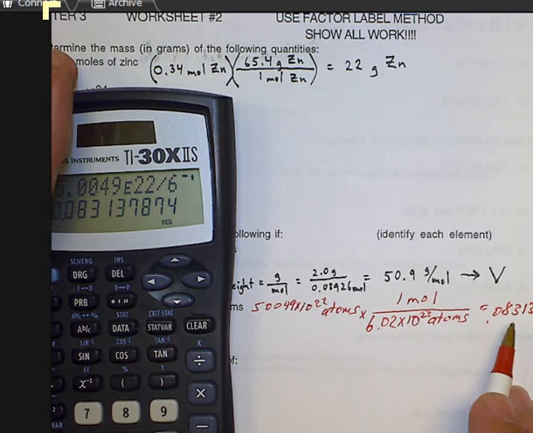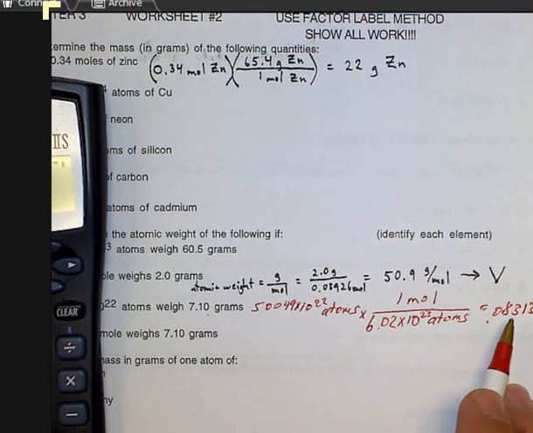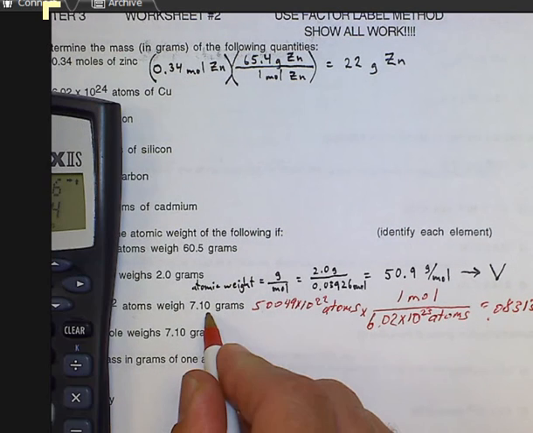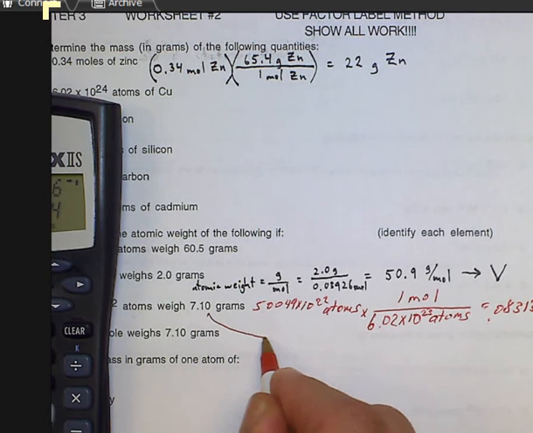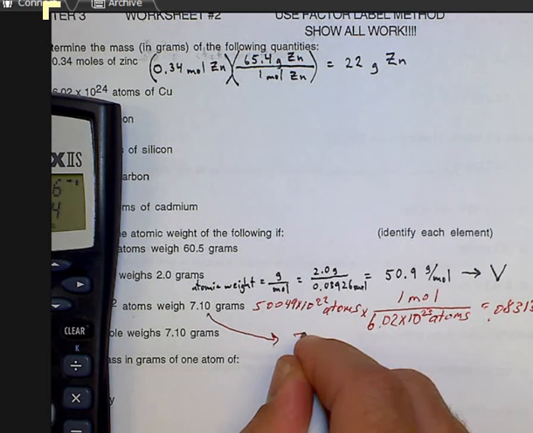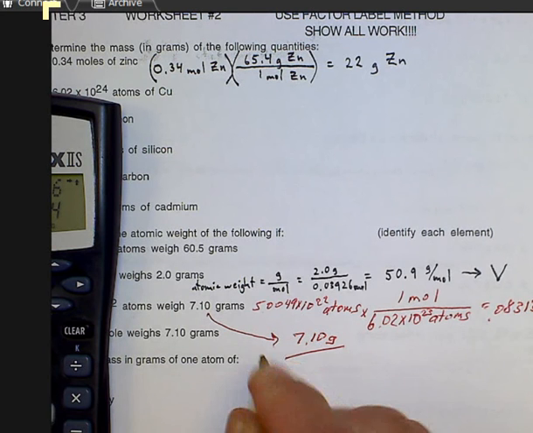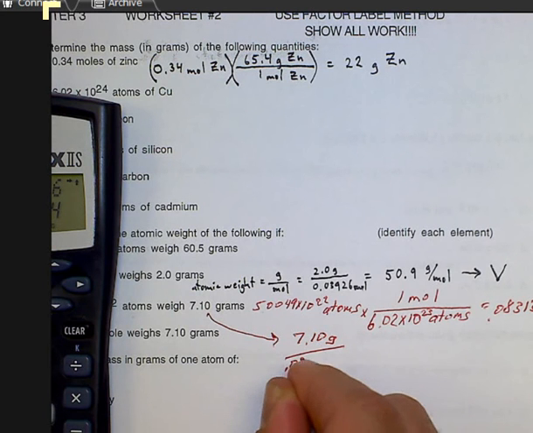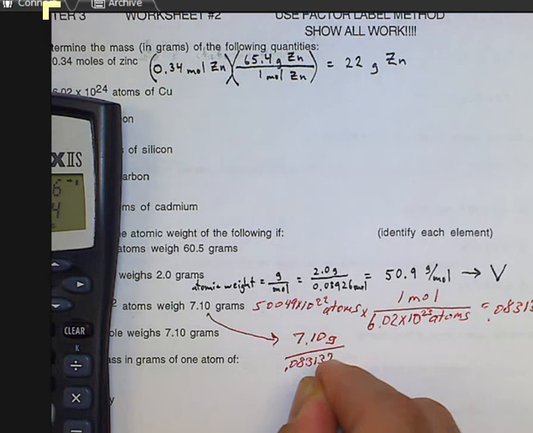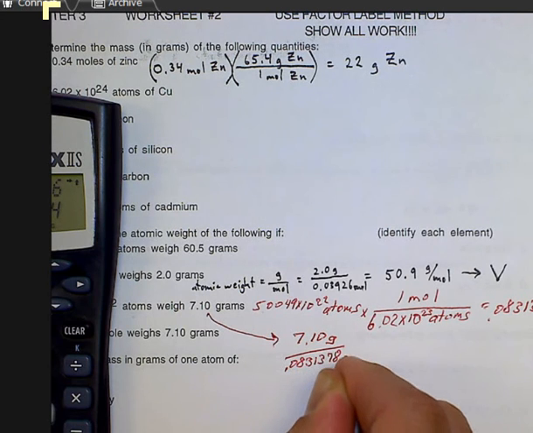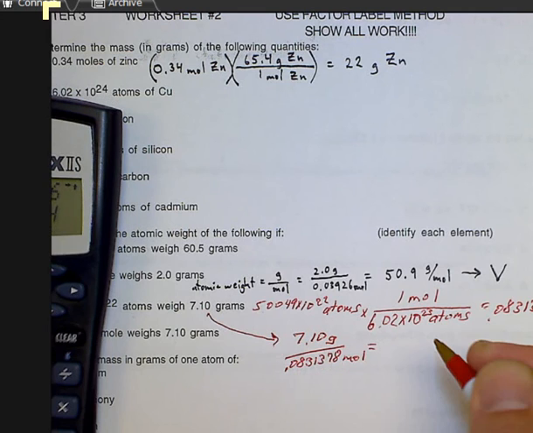That's our number of moles of atoms that we have. Now we need to take this 7.10 grams and divide it by the number of moles that we found. So we have units of grams per mole.